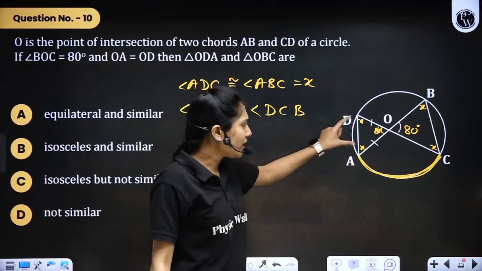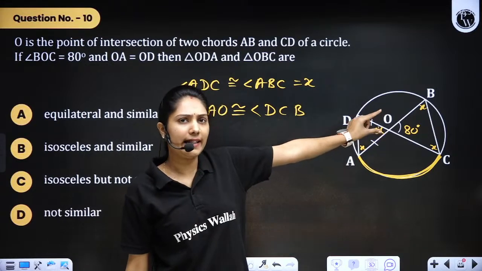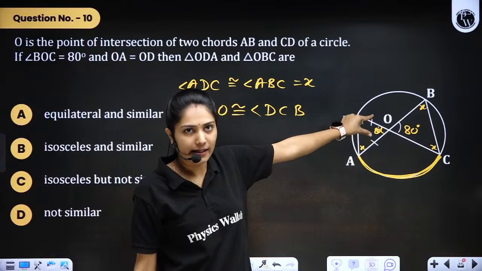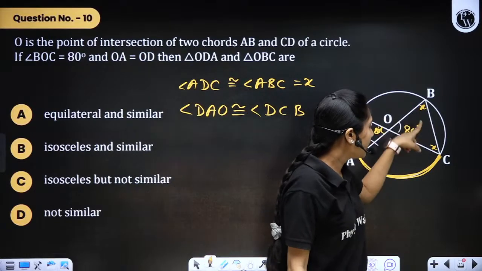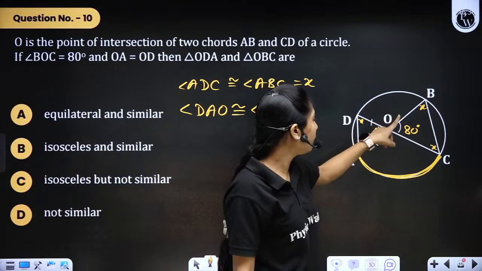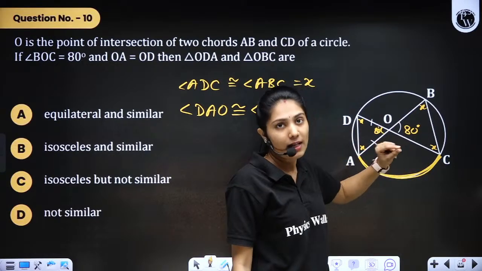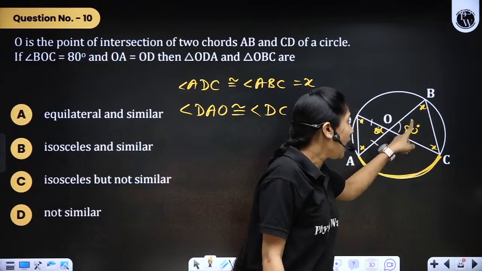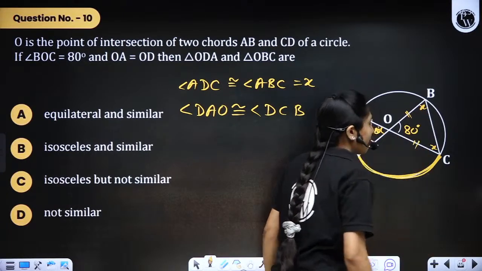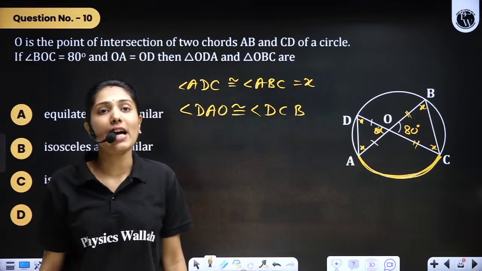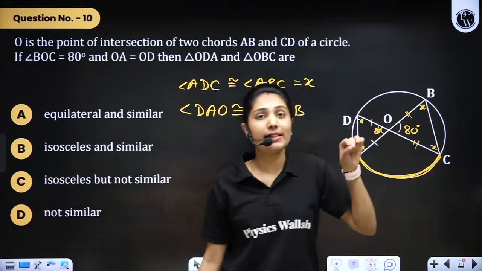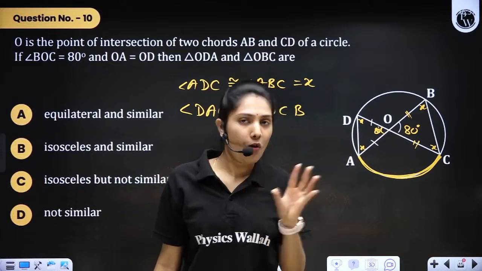Now this first one was already isosceles. It was given to us. Now we have proven that these two particular angles are also equal. We have already proved that these two angles are equal, and sides opposite to equal angles are also equal. That means these two triangles are isosceles for sure.